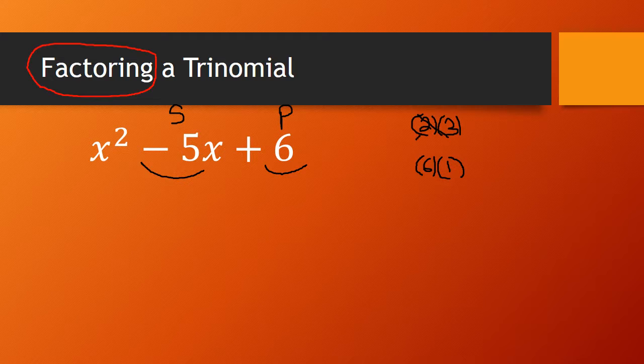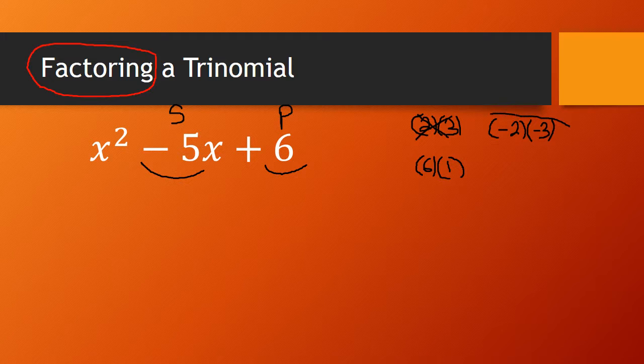At the same time, I noticed that we have a positive sign with the 6, which means that the two numbers that I need to use have to have the same sign for the product to be a positive number. So this time I'm going to use negative 2 and negative 3. Negative 2 times negative 3 is 6, and negative 2 plus negative 3 is negative 5.